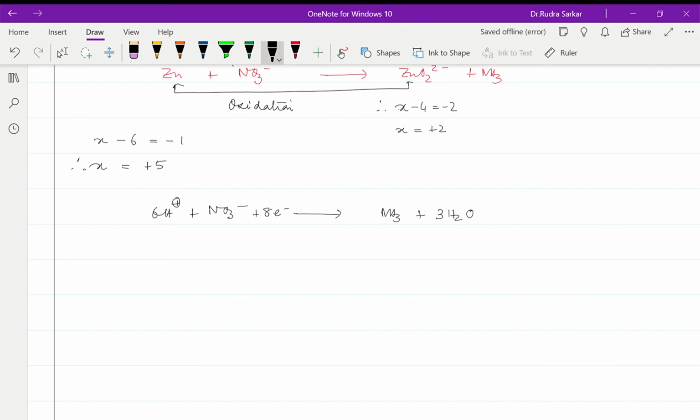But since we are saying this is occurring in alkaline medium, we have to neutralize this 6H+. How do we do that? By adding OH-. So we add 6 OH- over here and similarly 6 OH- over here on both the sides. Now OH- and H+ gives you water. So now we rewrite this whole equation.